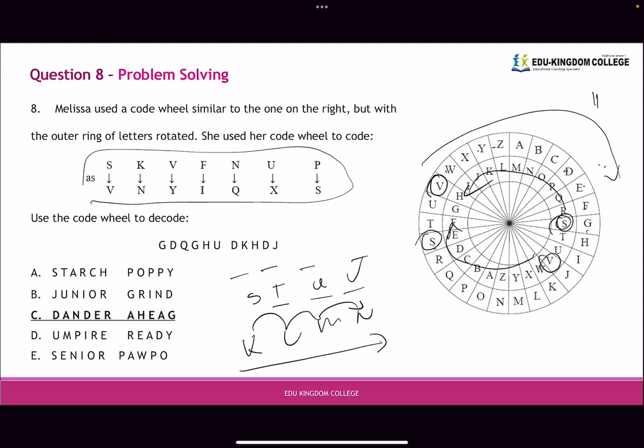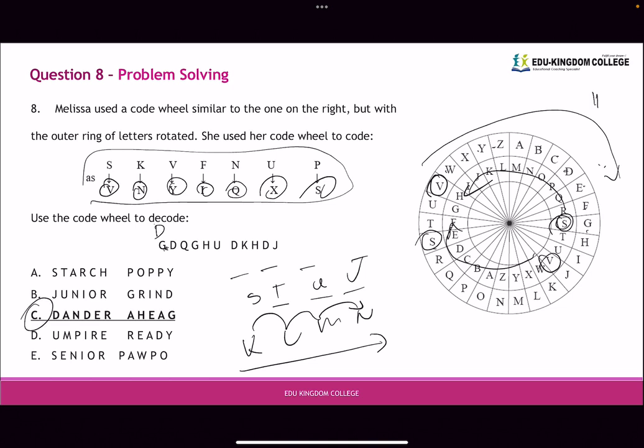So she used the code wheel to decode this, which must mean that everything she's gotten is 4 letters ahead of what the actual word was. So this would have been D, E, F, G, so D, and there's only one D anyway.